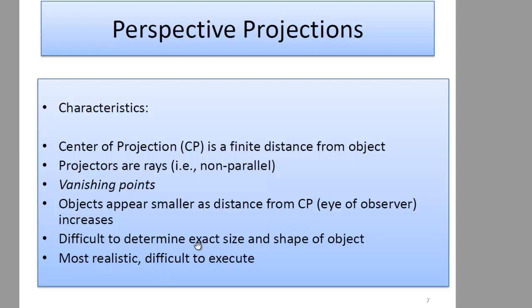So we cannot determine the exact size and shape of the object. But that's what I'm saying, perspective projection is how things actually look in the realistic world rather than how they actually are, right? That's why for engineering we don't use perspective projections, we use parallel projections instead.